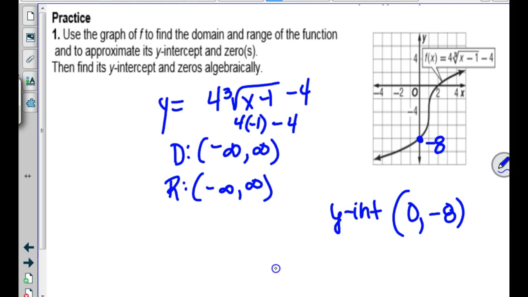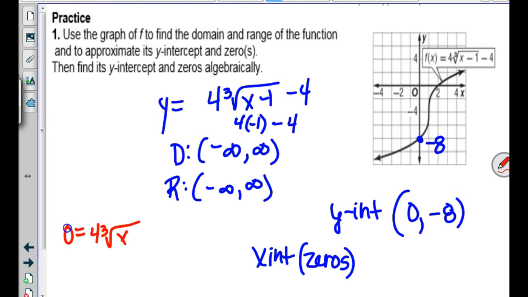All right, can anybody tell what they think the x-intercept is from the graph? Which are also called the zeros. We could put a 0 in. 4 cube root of x minus 1, minus 4. How do we solve that? Isolate the radical. Add 4 to both sides.